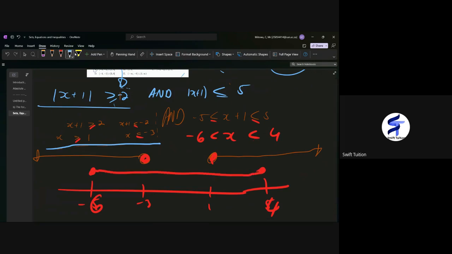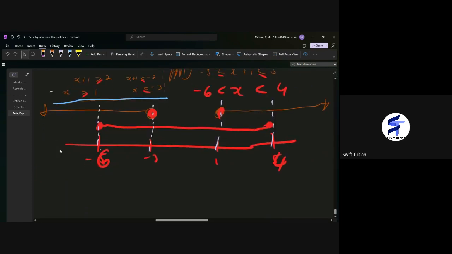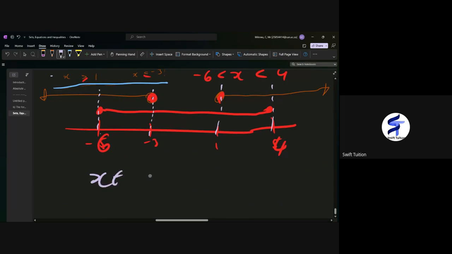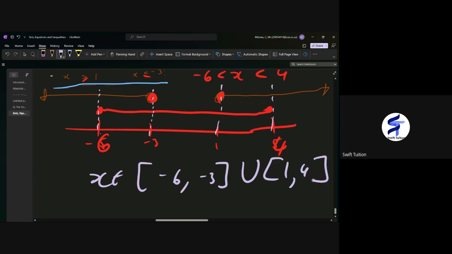Now we're looking for the intersection of those two sets. Let me just change the color real quick. It's going to be this region over here, inclusive, and this region over here, inclusive. So essentially x in the elements of -6 up until -3, inclusive, and then 1 up until 4, inclusive.